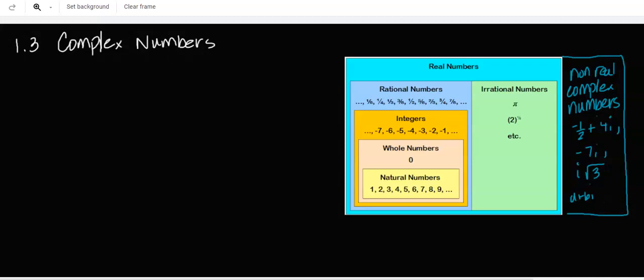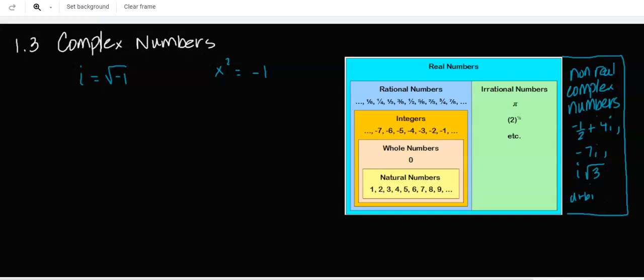So when we talk about complex numbers, the definition of a complex number is i is equal to the square root of -1. We see this when we solve quadratics and we end up with x squared equals -1 or negative something. And then we're like, oh, what do we do with that? Because we can't take the square root of a negative number. It's not real. So that gives us an imaginary number.